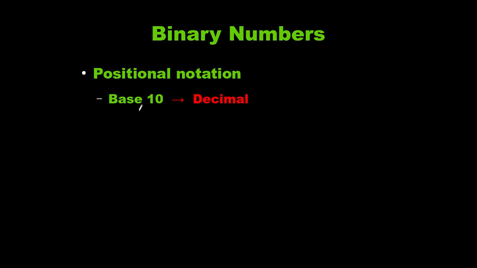Base 10 is the regular numbers we know, which are 0 to 9. Base 10, 0 to 9. Don't think 10 is a digit. 10 is 2 digits. So the only possible digits that I can have in a base 10 numbering system are from 0 to 9. I can have 99, 98, but that's 2 digits.